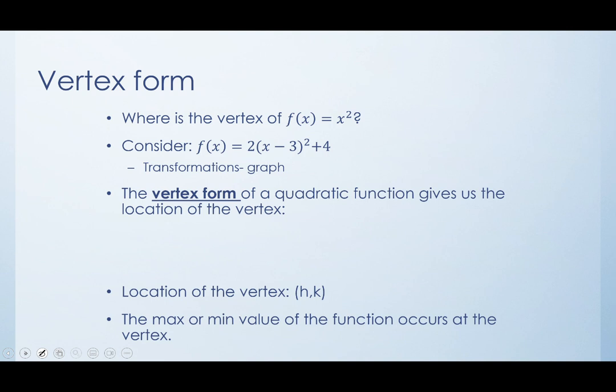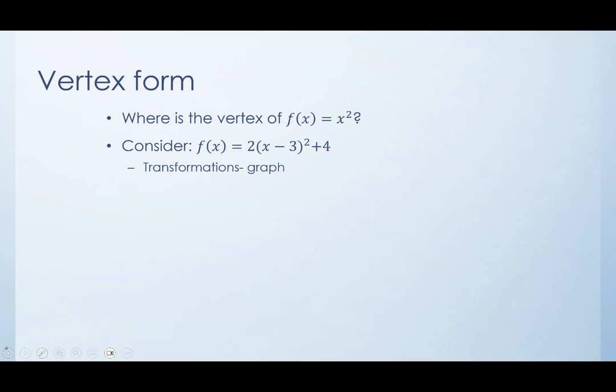Okay, so vertex form. So hopefully, we talked about the graph of f of x equals x squared, right? That's your plain Jane parabola, right? Something like that. I can't draw very well. But we know its vertex is at the origin, at the point 0, 0.